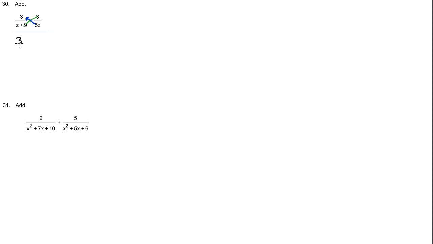So 3 divided by z plus 9 is going to get multiplied top and bottom by 5z, and we'll get 15z. Then 3 over 5z is going to get multiplied top and bottom by z plus 9, so we'll get 3z plus 27.